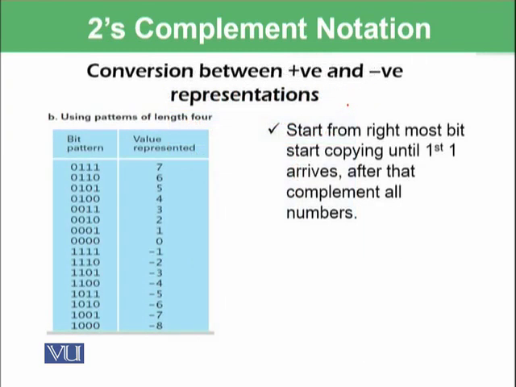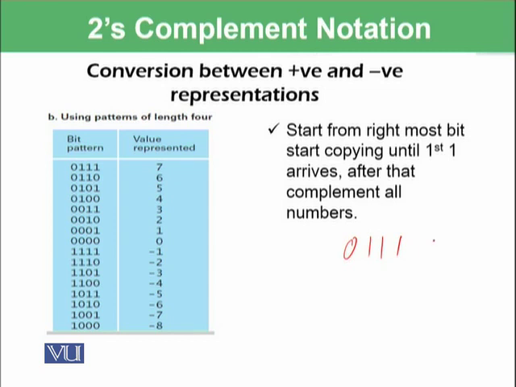So how do we convert from positive to negative representation? Here is a shortcut. For example, 7 is represented with 0111, so -7 would be represented by what bit pattern?